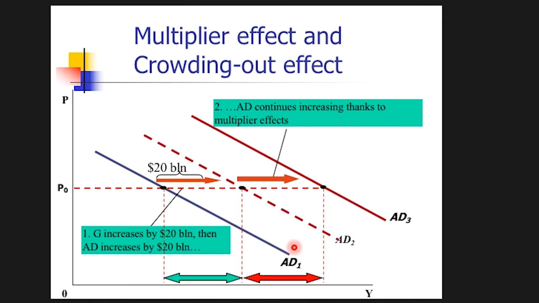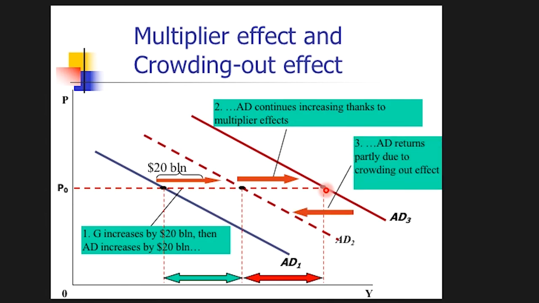And now, if there is a crowding out effect, AD will reduce backward, maybe to this line by this level, maybe more or maybe less. It depends on the effectiveness of the two effects.